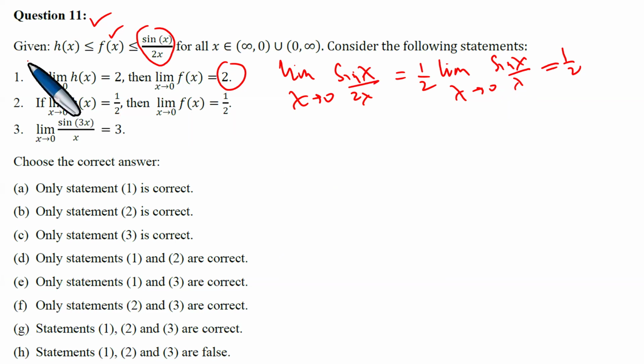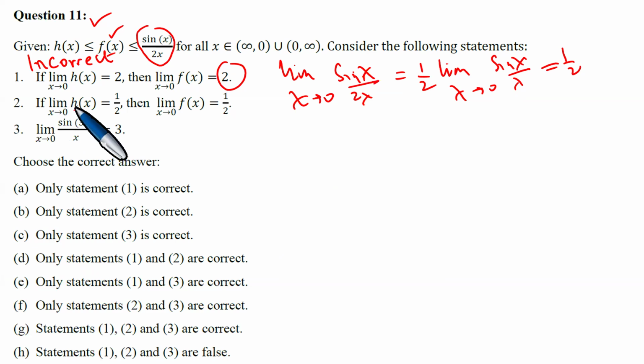So indeed, we're able to see that this one is actually incorrect. Right, so let us continue right now to look at that.